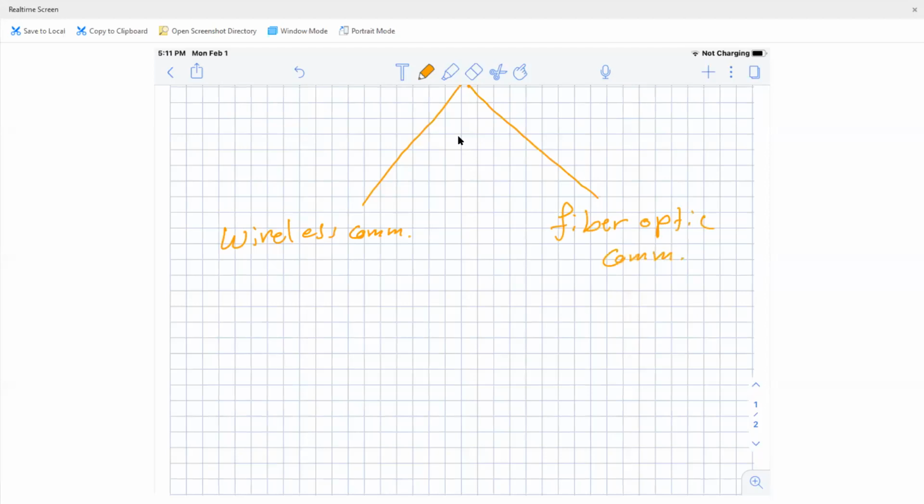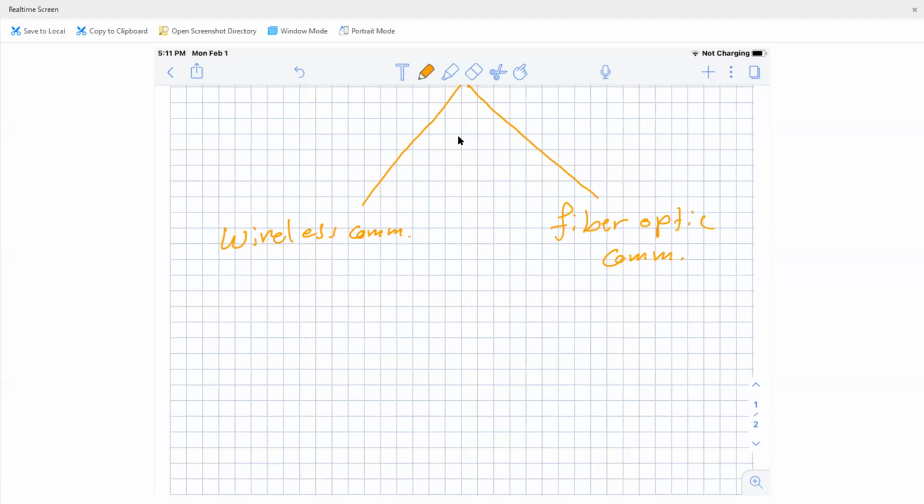I'm going to talk about the wireless communication topics. Fiber optic communication will be given by Dr. Saleh.